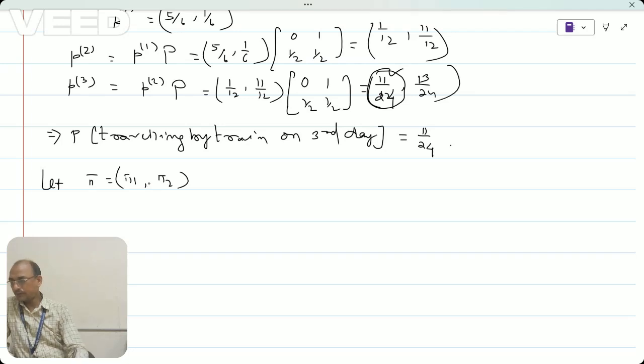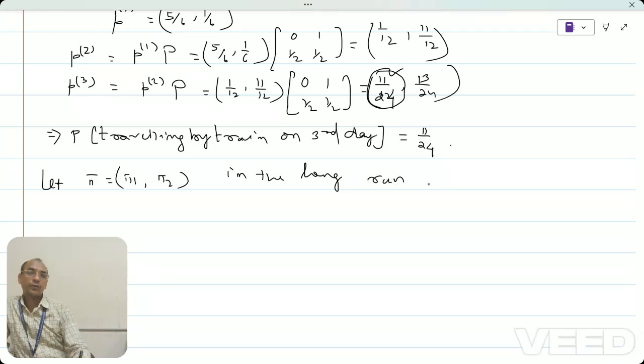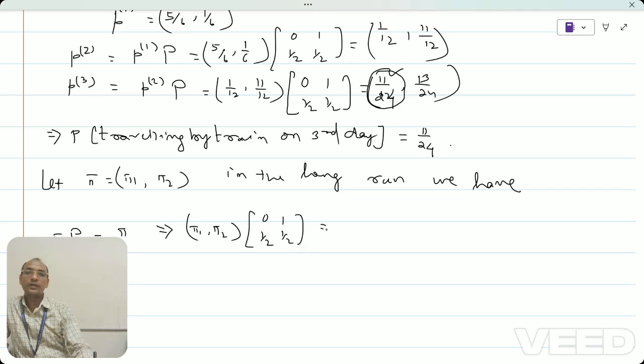Then in the long run, we can have pi into capital P equal to pi, and that implies pi 1, pi 2 into 0, 1, 1 by 2, 1 by 2 is equal to pi 1, pi 2.